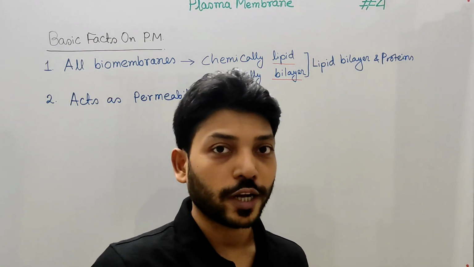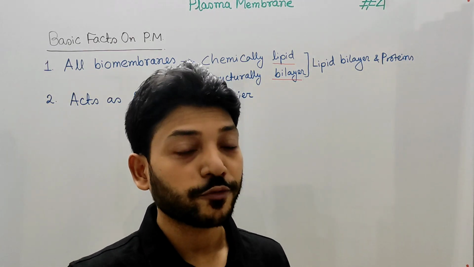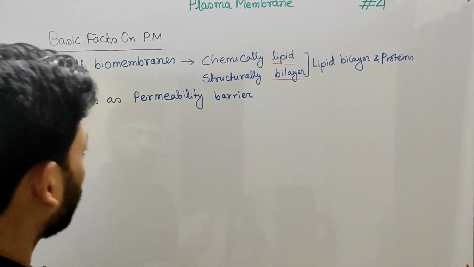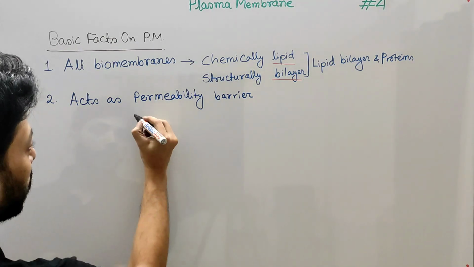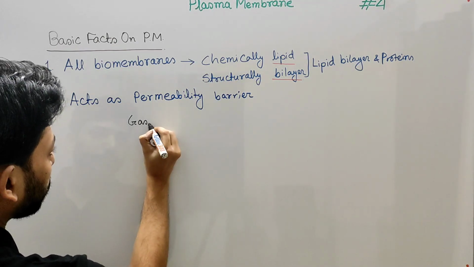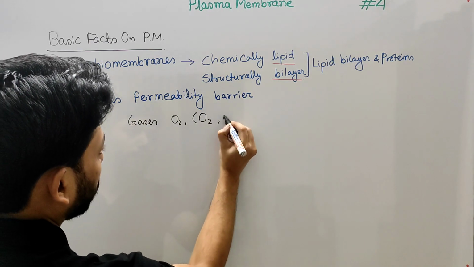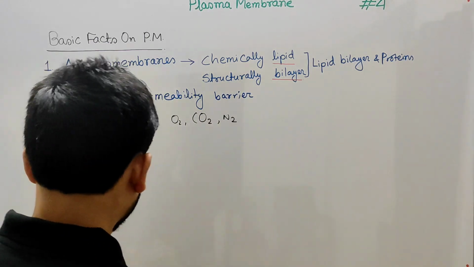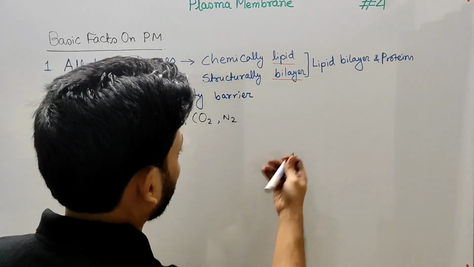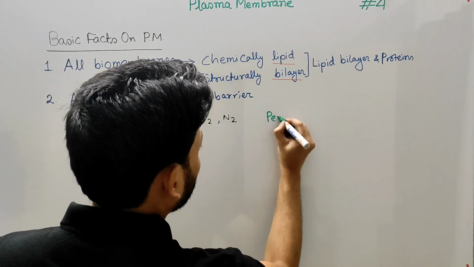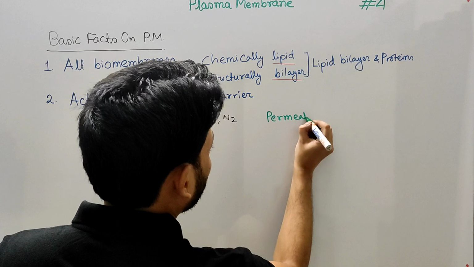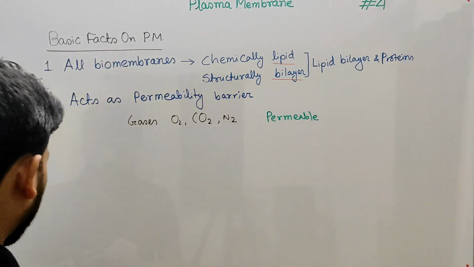Now a few molecules are permeable through the plasma membrane and a few are not. So let me write down which molecules are permeable and which are not. Gases like oxygen, carbon dioxide, nitrogen are permeable through the membrane.